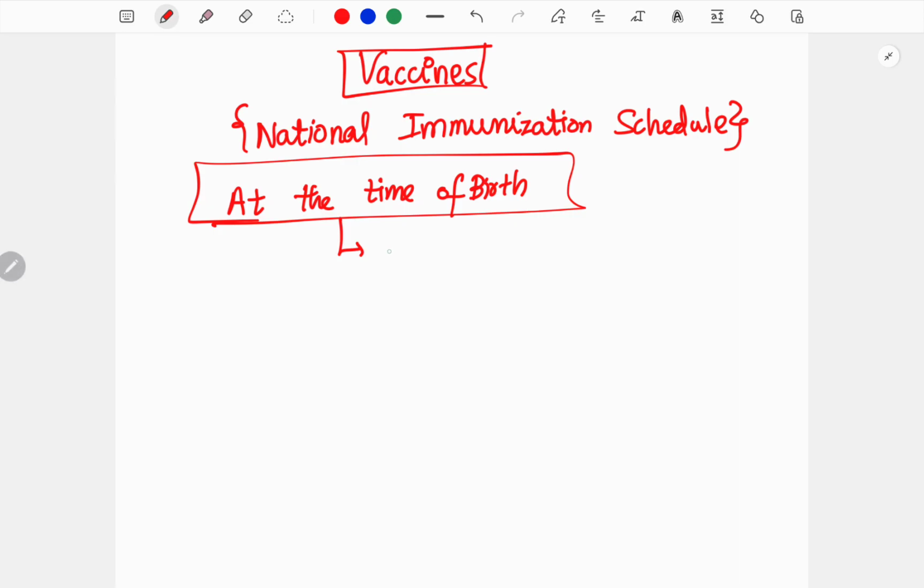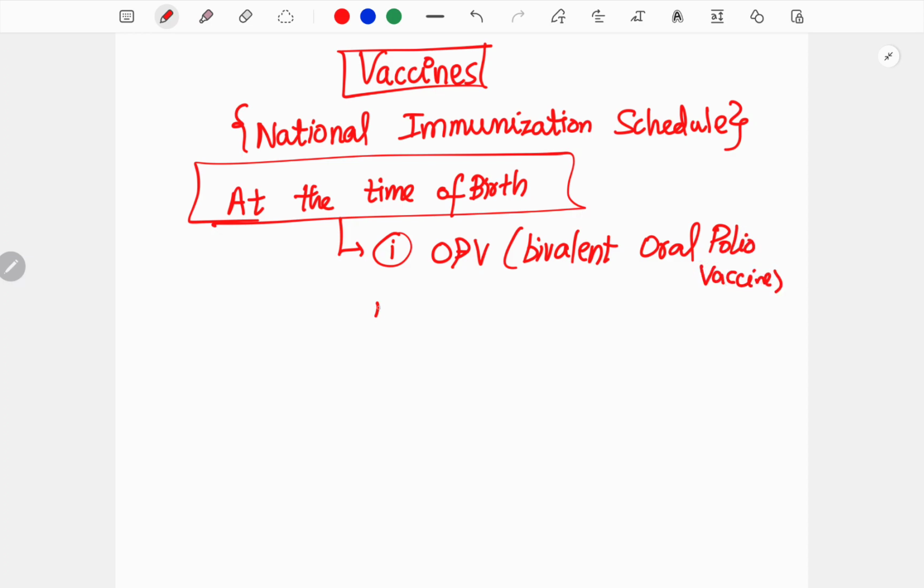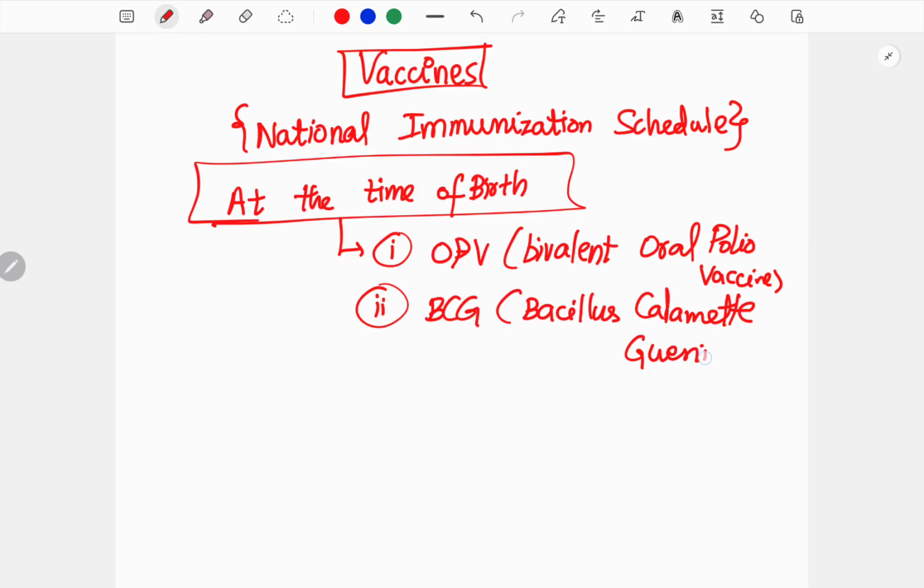That is, one is oral polio vaccine, that is bivalent oral polio vaccine, and second one is BCG, Bacillus Calmette-Guérin. Then hepatitis B vaccine.